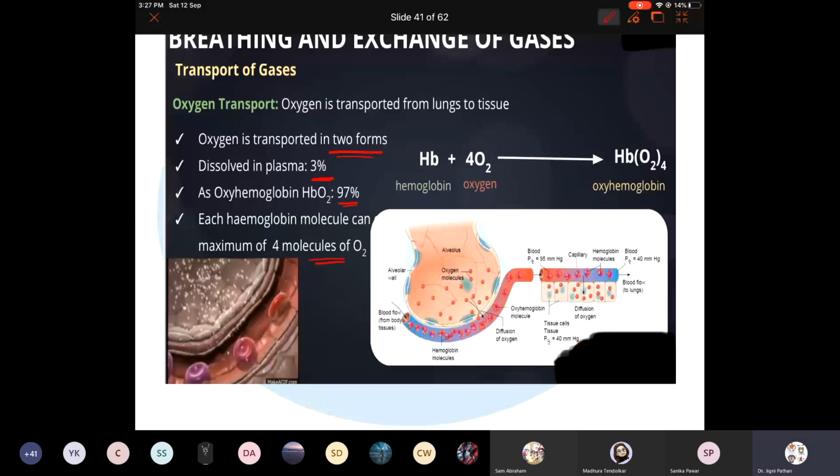You can see the oxygen getting inside the blood vessel by simple diffusion. Go through this slide. If you have missed something, you can write it down. You can see how the binding is happening, how the oxygen will come and bind to the hemoglobin molecule.